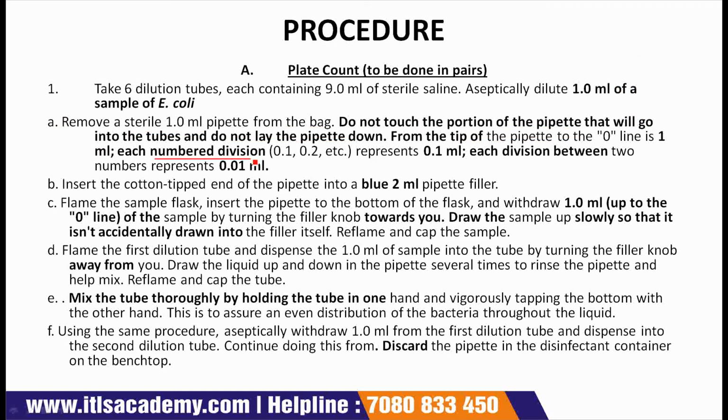Each numbered division, that is 0.1, 0.2, etc., represents 0.1 ml, and each division between two numbers represents 0.01 ml. Now, insert the cotton tipped end of the pipette into a blue 2 ml pipette filler.